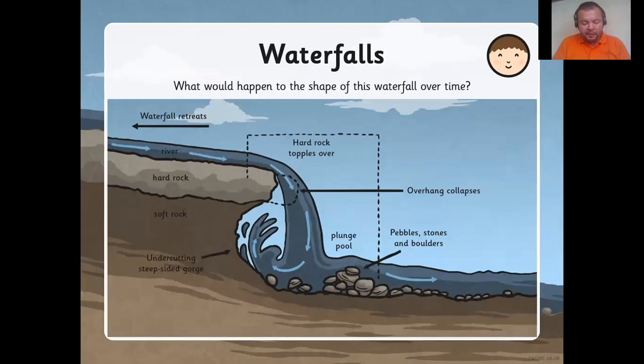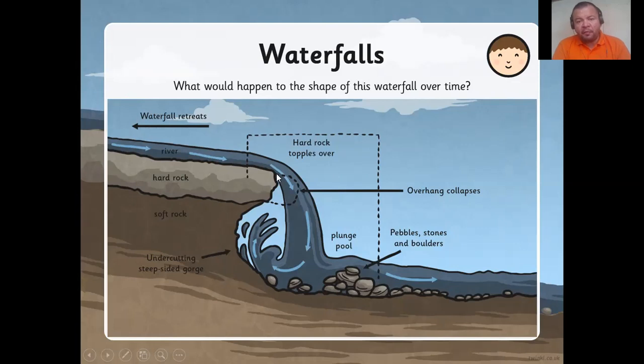Now, if you look carefully at the picture, we can see how a waterfall can shape the landscape. For example, the waterfall retreats. The water comes down in here. This is soft rock, this is hard rock, and this is the undercutting, steep-sided gorge.